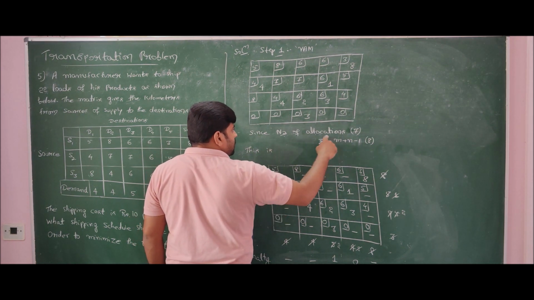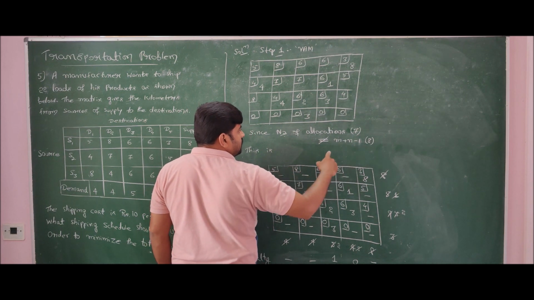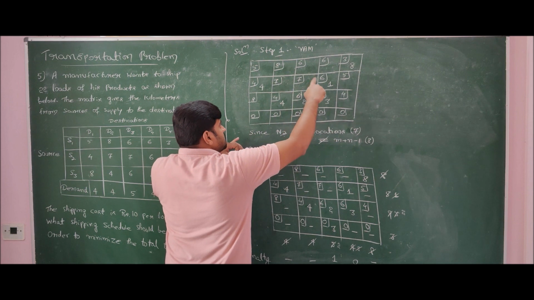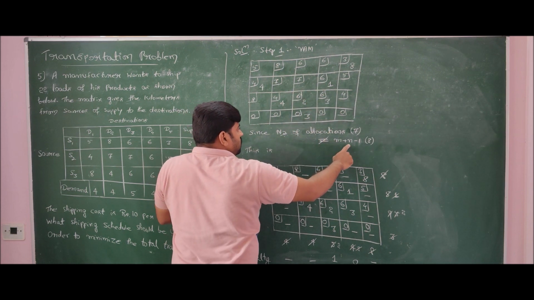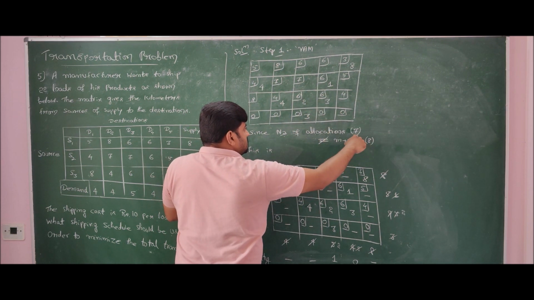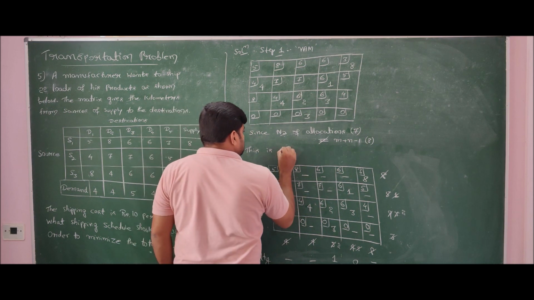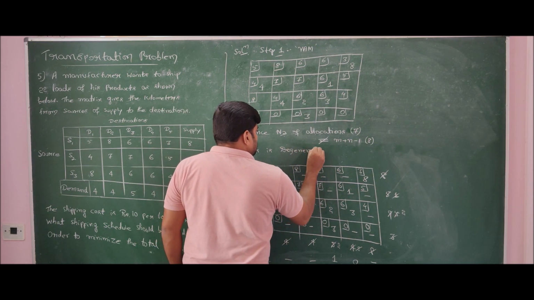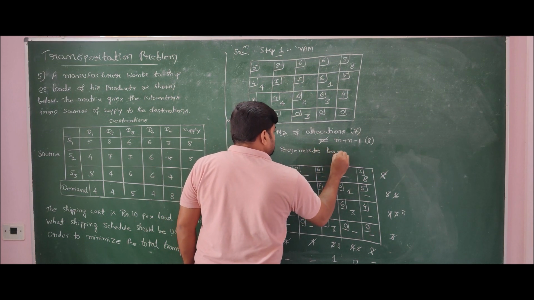So we have degeneracy because the number of allocations is not equal to m plus n minus 1. Number of rows is 4, number of columns is 5, 5 plus 4 is 9, 9 minus 1 is 8, which is not equal to 7. So therefore this is a degenerate basic feasible solution.